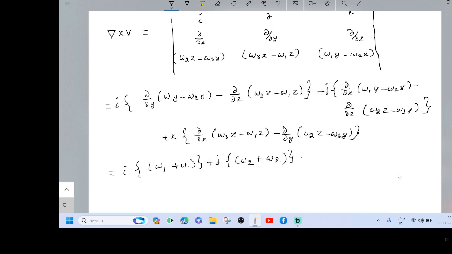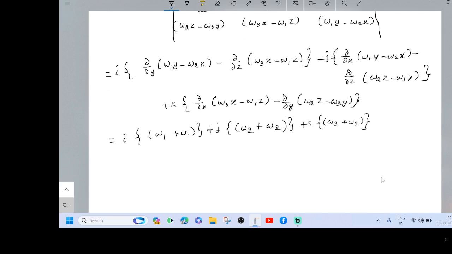Then come to k. Del by del x of x is 1. So write down this omega 3. Then del by del x is operating on this, 0. Minus of del by del y of omega 2 into z, 0. Minus del by del y of minus y, here 1. Minus to minus plus. Here plus omega 3. See, this is equal to i into 2 omega 1 plus j into 2 omega 2 plus k into 2 omega 3.